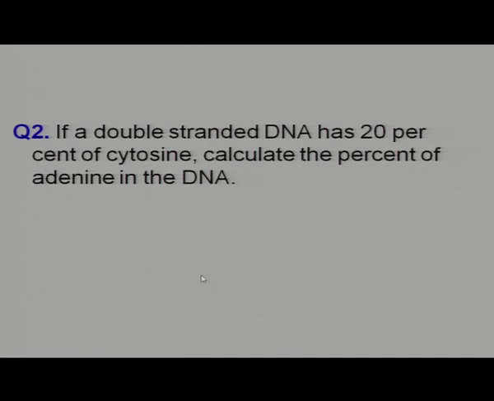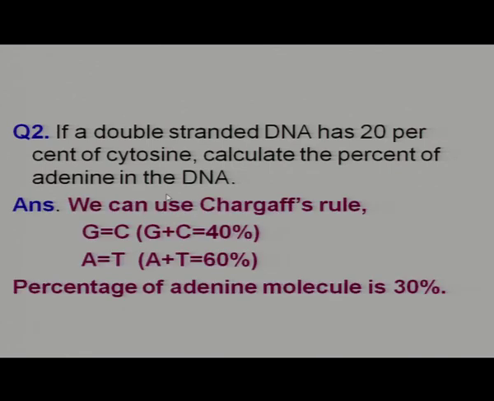Next question: if a double stranded DNA has 20% of cytosine, calculate the percentage of adenine in the DNA. You can use Chargaff's rule for this answer. According to Chargaff, the concentration of adenine is equal to the concentration of thymine and the concentration of guanine is equal to the concentration of cytosine.